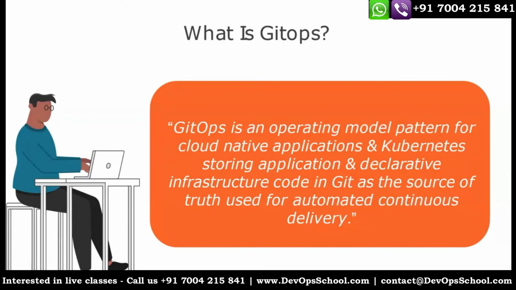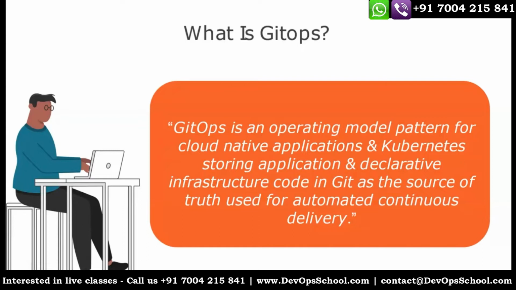And when I say Git, it can be GitHub, GitLab, Bitbucket, Gerrit, any Git hosting repository. So you declare it in Git, and the tool, the operating model, should automatically read your desired state declared in Git and implement it in the environment, like a Kubernetes environment.